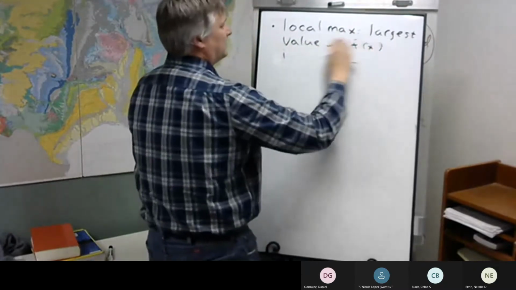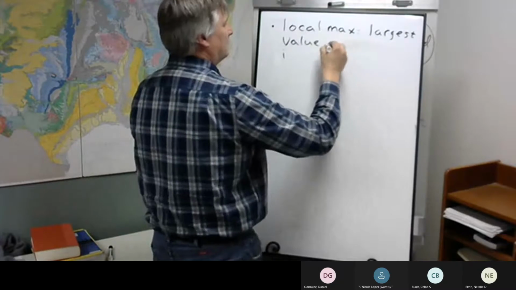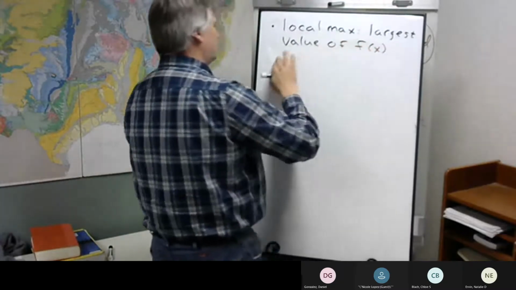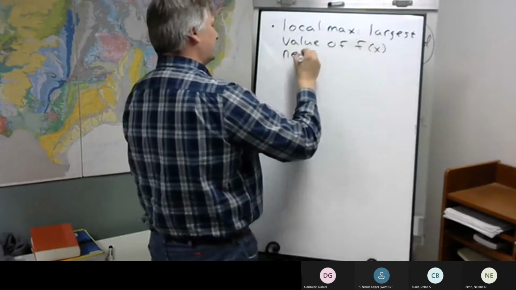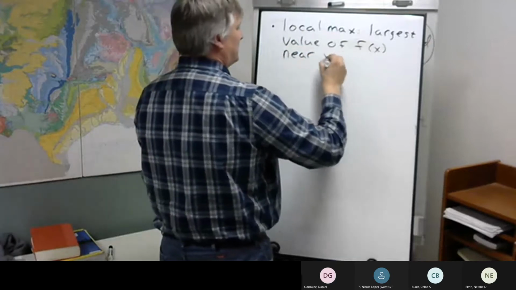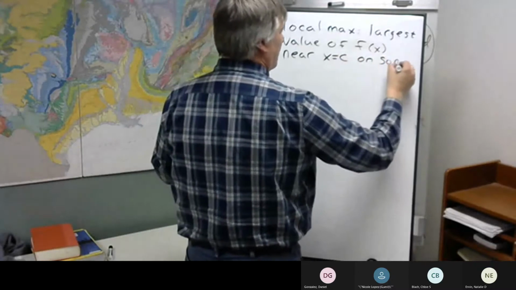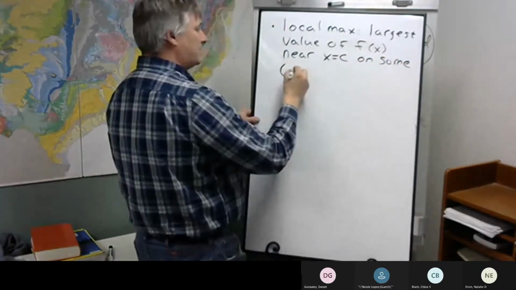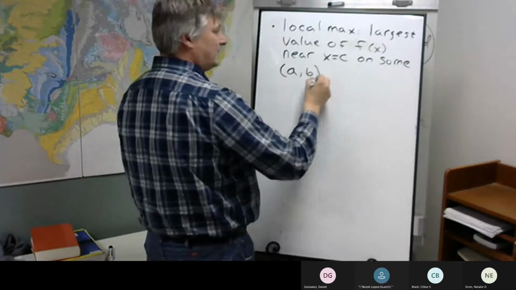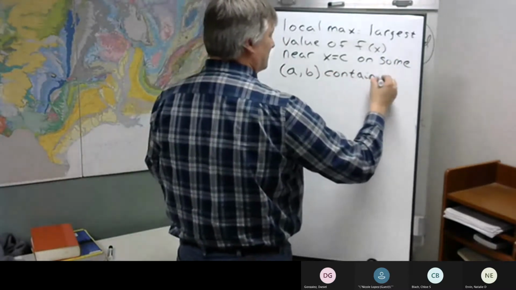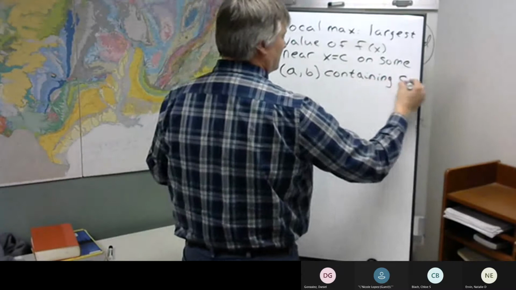And we need to be a little specific. Largest value of f of x near x equals c on some open interval AB containing c.